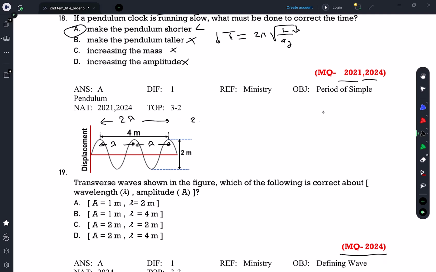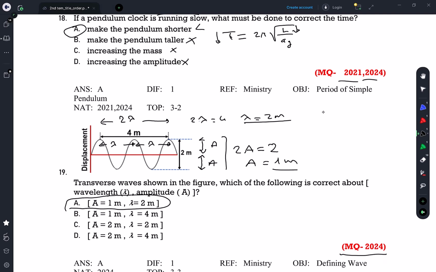If 2 lambda is 4 meters, lambda must be 4 over 2, which is 2 meters. And this is amplitude, from equilibrium to crest, or from equilibrium to trough. The total of 2 amplitudes is 2 meters, so amplitude is going to be 1 meter. Lambda is 2, amplitude is 1. So A is the correct answer.